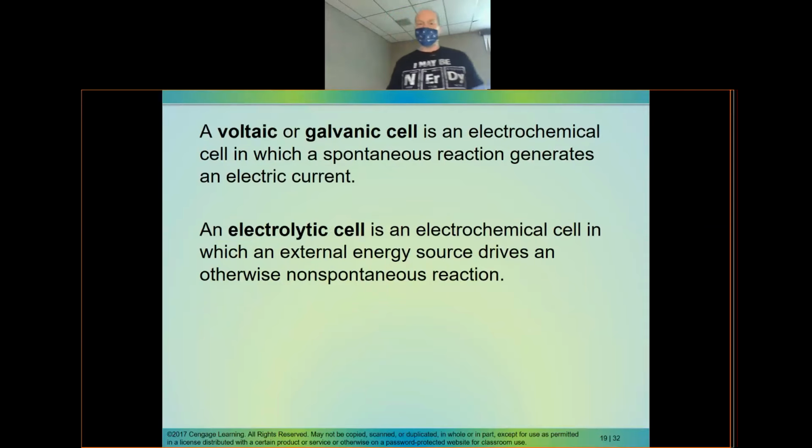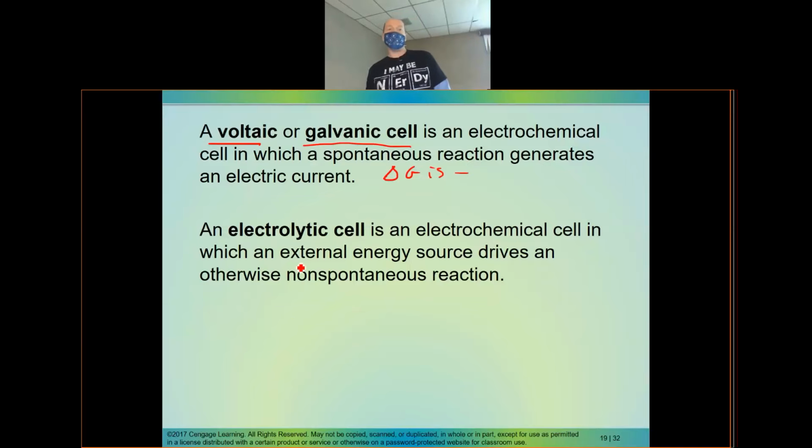All right, so again, voltaic is what we talked about before. If it's a voltaic cell, it is spontaneous, delta G is negative. The older name, which you will see quite often, is the galvanic cell. These are spontaneous. Delta G is negative. So when it says for this voltaic cell or this galvanic cell, you know it's a spontaneous reaction.